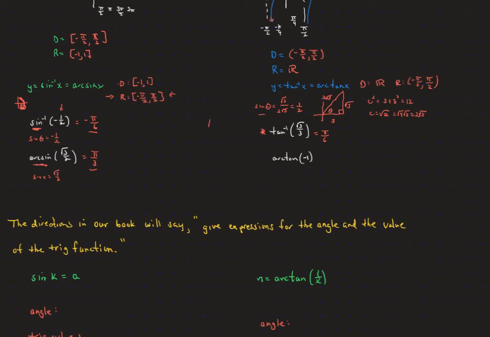Now, if you get really good at this, and I'm not saying you have to do it this way, but when you've done a couple thousand of these like I have, I can see square root of 3 over 3. I can unrationalize it, and I can recognize 3 as being the square root of 3 squared. And so really this is, what is the angle whose tangent is 1 over square root of 3?